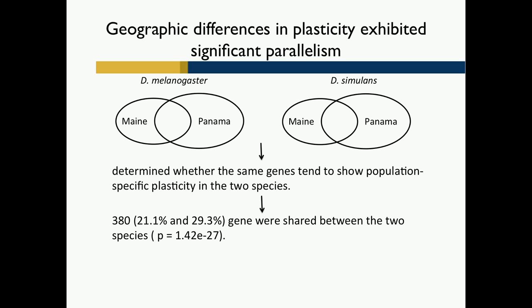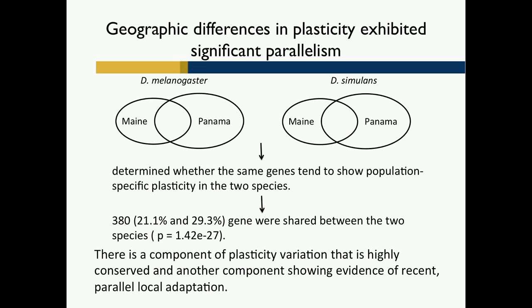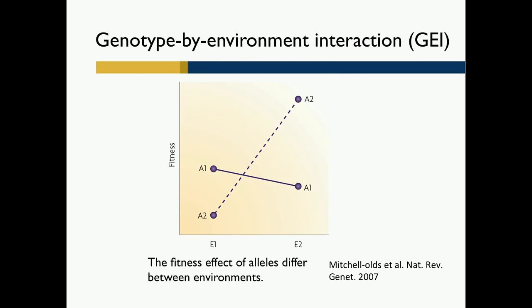And the answer is yes, there is indeed significant enrichment, suggesting that geographic differences in plasticity exhibit significant parallelism as well. So adding together this slide and the previous slide, we can see that there is a component of plasticity variation that is highly conserved, and another component showing evidence of recent parallel local adaptation.